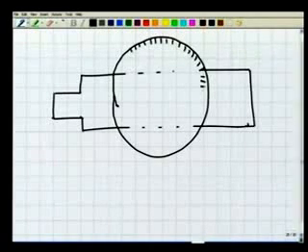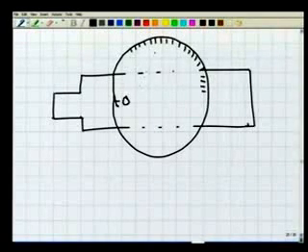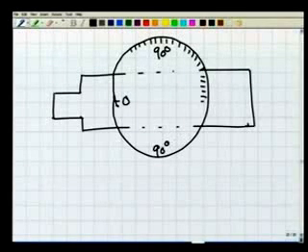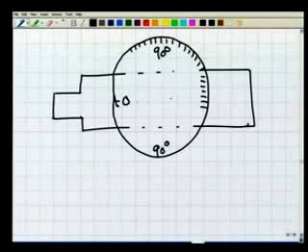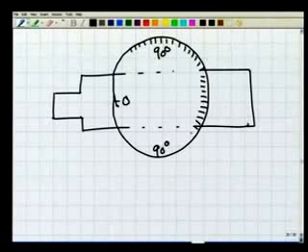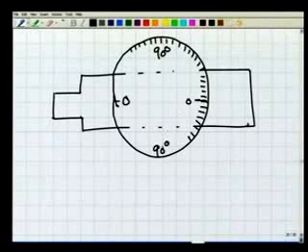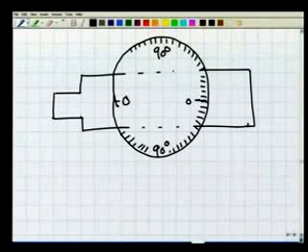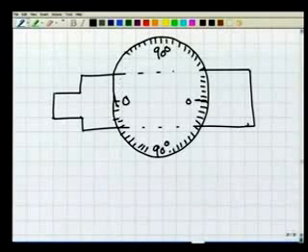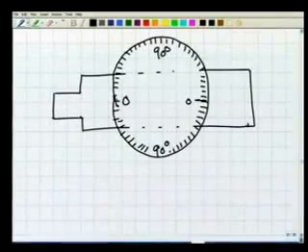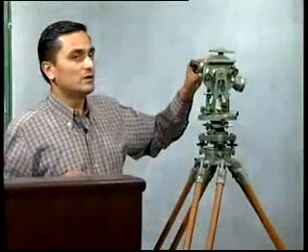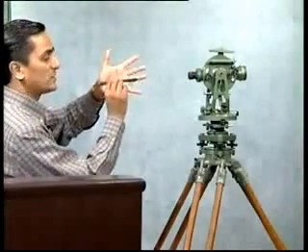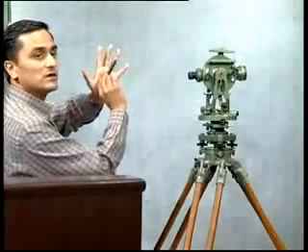These graduations may start from 0, reach 90 degrees here, again may have 90 degrees, or maybe a different arrangement, 0 to 360, depending on the theodolite. But right now I am taking it as 0 and then 90 degrees here and there. So this is the graduated circle. When we are rotating it, this is the telescope and that's the vertical circle, and both of them rotate together.